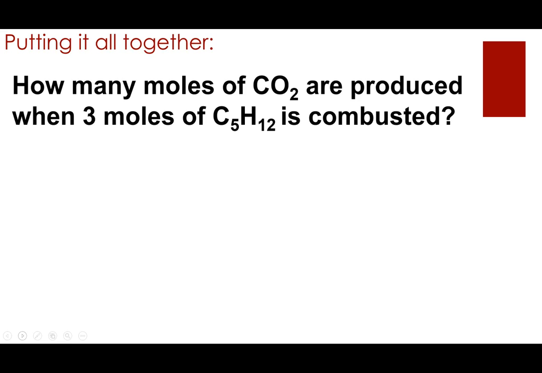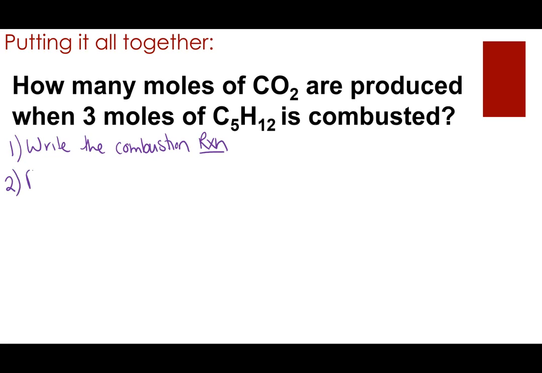Okay. So first thing I'm going to do is just kind of quickly write down a list of what I need to do to get through this. So the first step is going to be to write the combustion reaction. And RXN is just my shorthand for reaction.